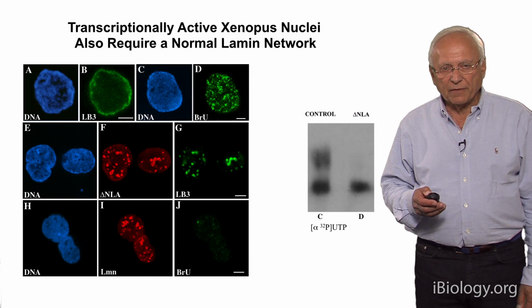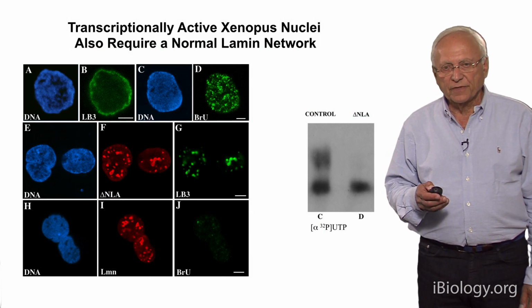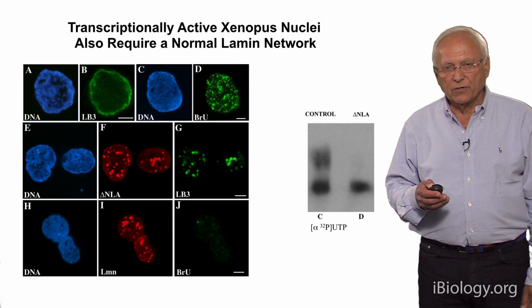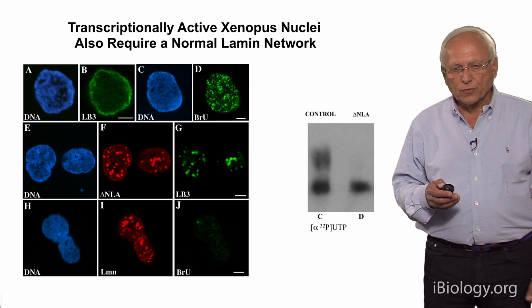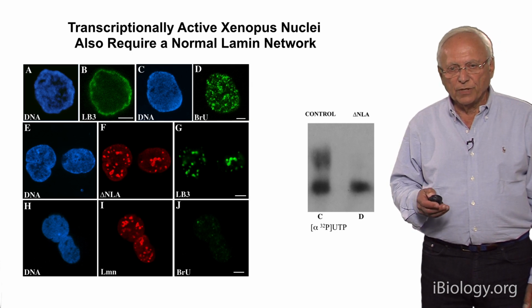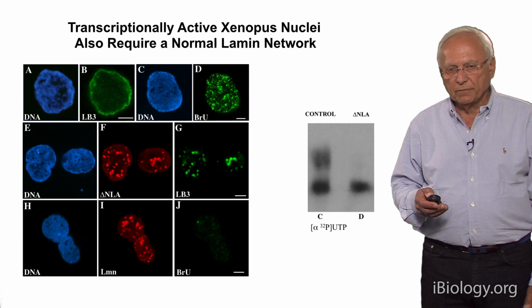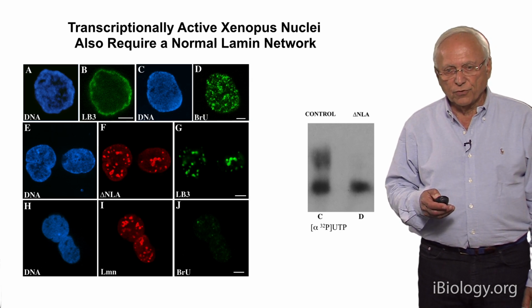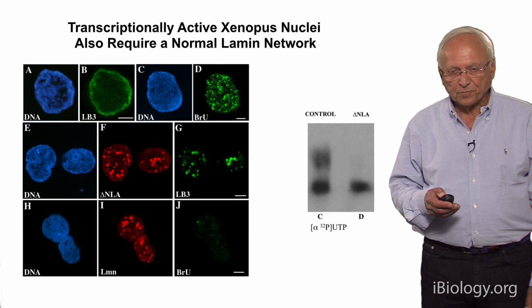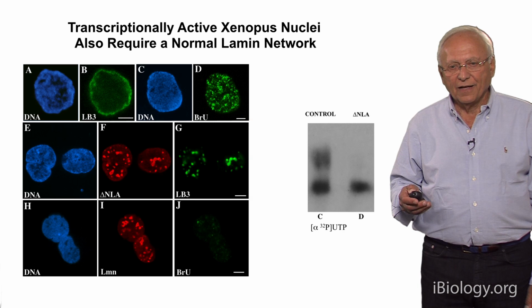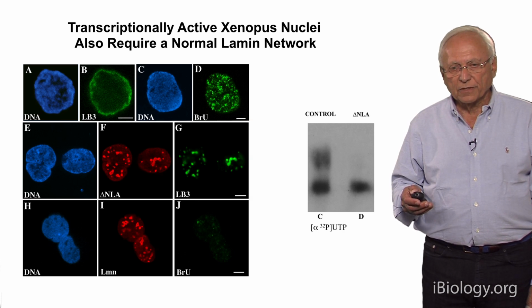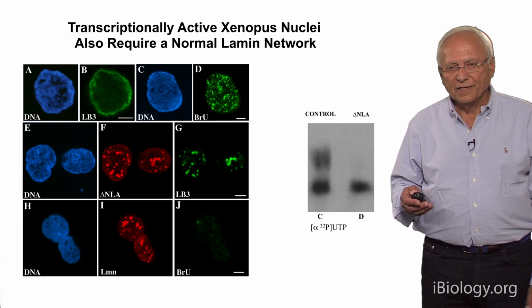And then we repeated this same experiment with transcriptionally active isolated nuclei from Xenopus embryos. The Xenopus eggs were fertilized and embryos were allowed to develop for 10 hours into the mid-blastular transition, which is the time when RNA polymerase II becomes most activated. And you can see in panel C that transcription of messenger RNA is greatly reduced compared to D in the same gel.